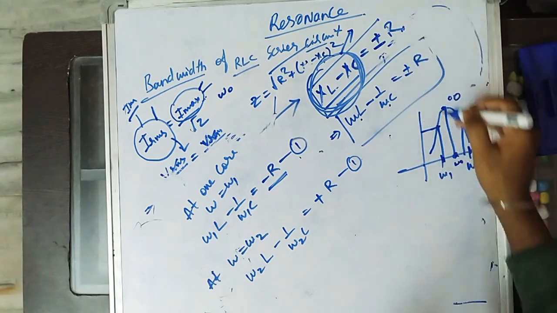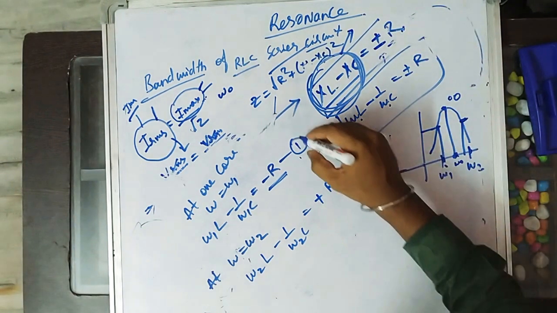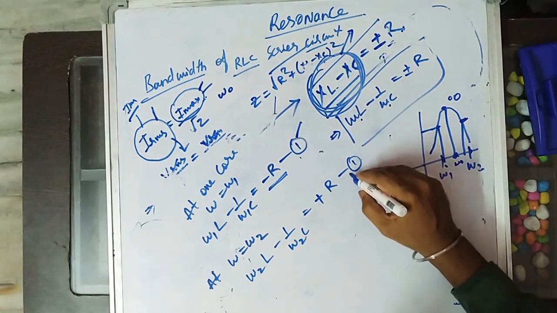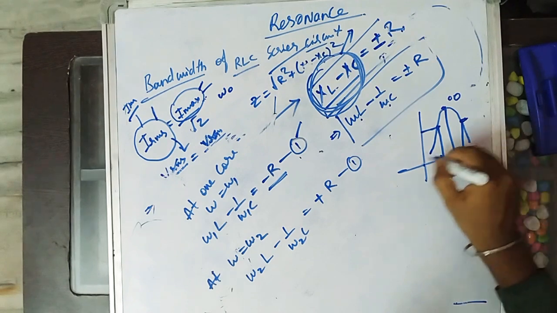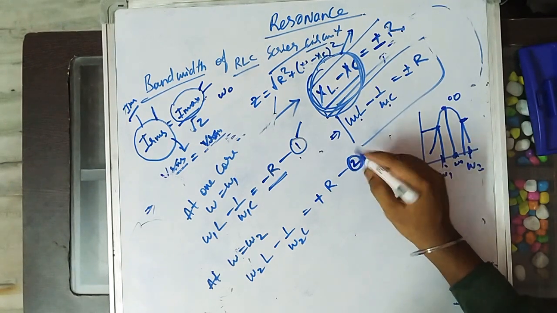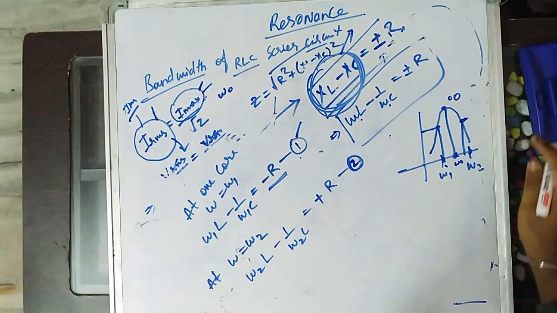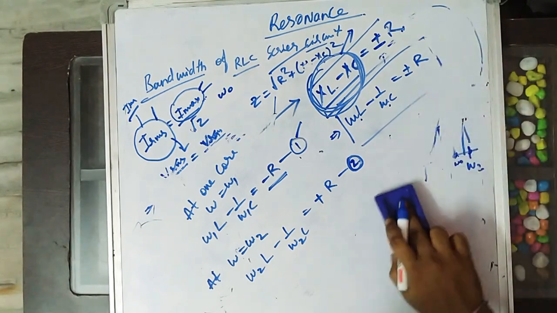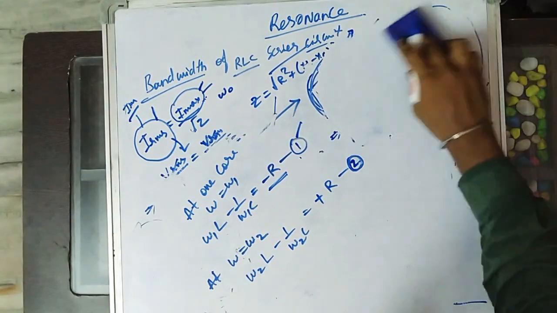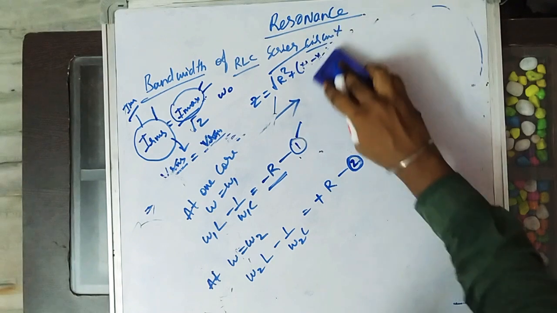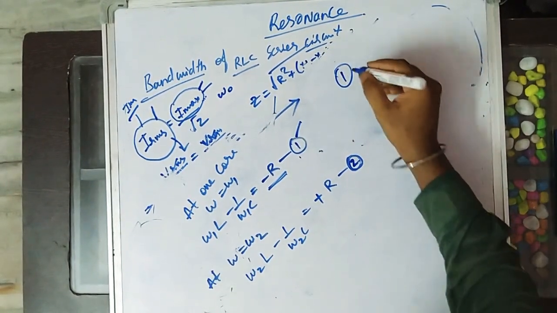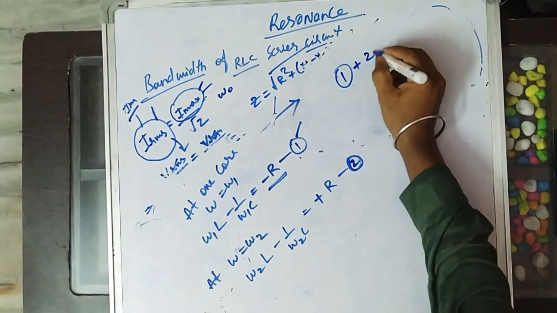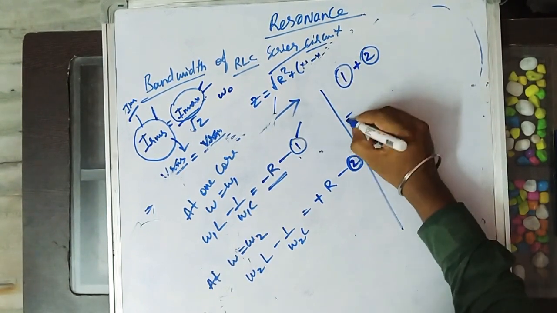From this equation at corner frequency 1 we get this one, and at the other corner frequency omega 2 we get this equation. From 1 and 2 we'll derive the required relations. If you add 1 plus 2 equations, what happens?